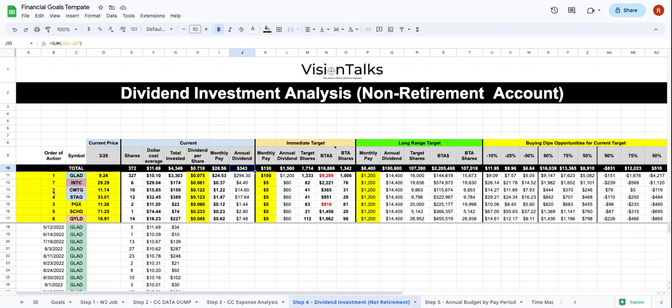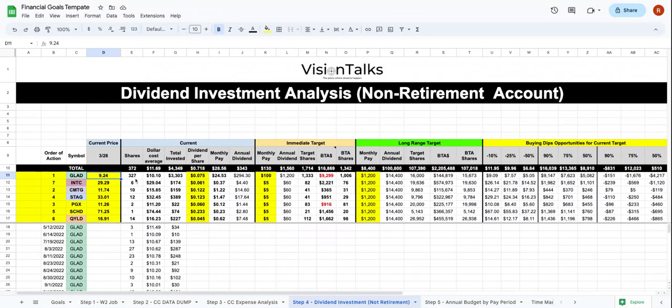Overall, what you have is order of actions, right? This is based on, after you play around with your numbers, what do you want to target first? Here are your stock symbols. Here's the current price of it. Actually, I want to move this over here, but I'll do that after this.